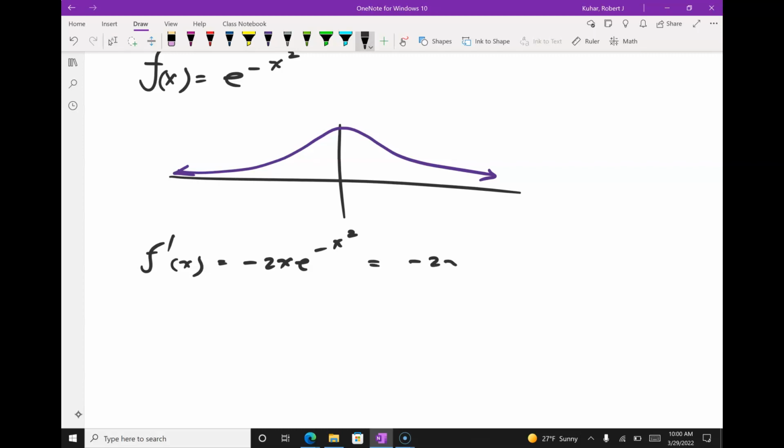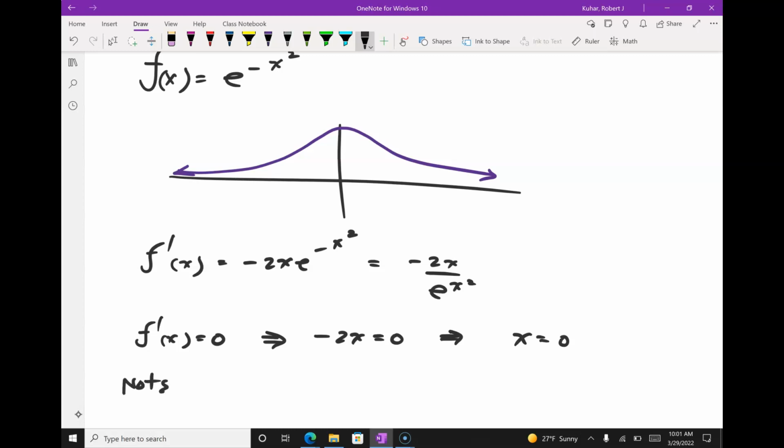This is negative 2x over e to the x squared. Well, the denominator is never 0, right? E to the x is never 0, so if I do e to the x squared, that's also never 0. So f prime of x equals 0 implies negative 2x equals 0, implies x equals 0.